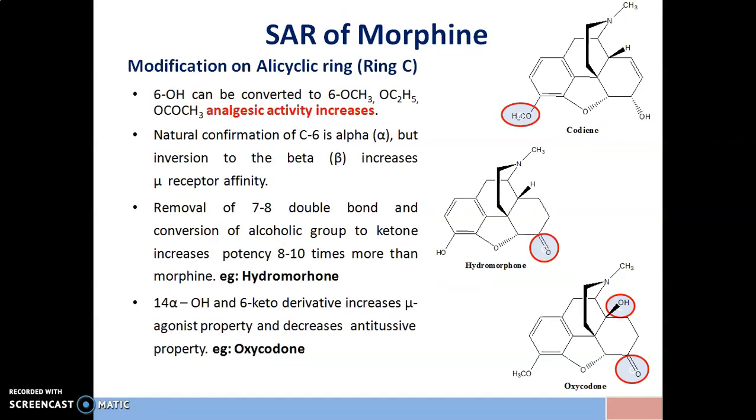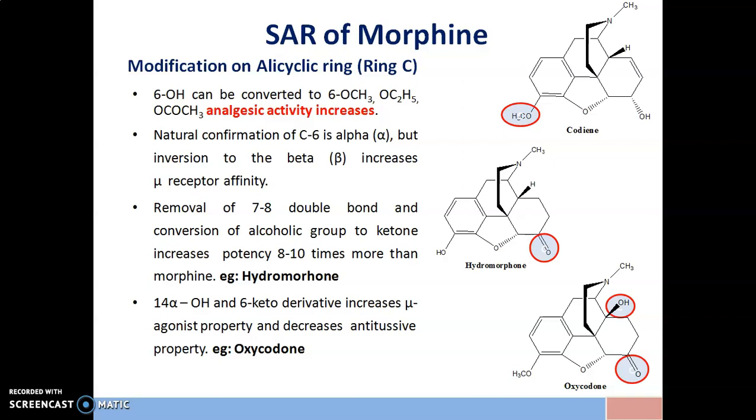Second is modification on alicyclic ring C. The 6-hydroxyl can be converted to 6-methoxy, ethoxy or OCOCH3. It increases the analgesic activity.